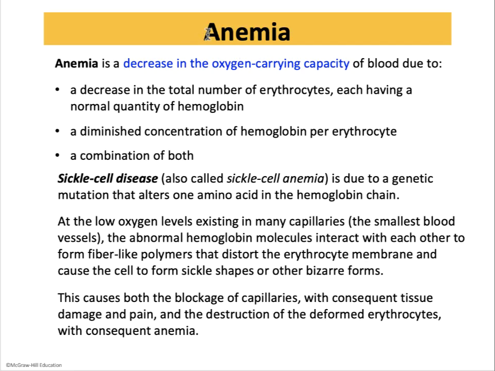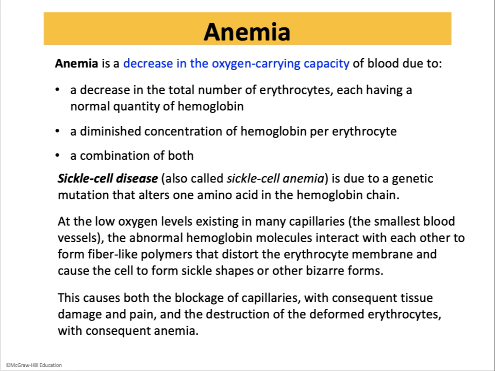Anemia is a medical term applied whenever a patient's oxygen carrying capacity is reduced. A multitude of reasons could exist, but some of the common ones are a decrease in the total number of red blood cells, or a decrease in the concentration of hemoglobin in each red blood cell, or a combination thereof.